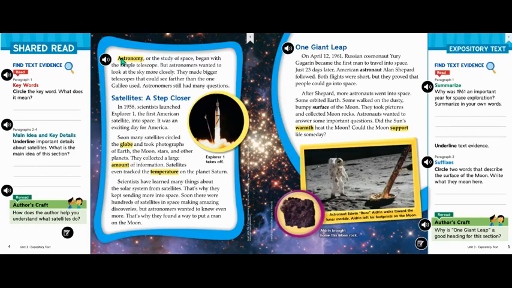So the words highlighted in yellow are our vocabulary words, but I'm also going to say that this is a very important word because if we don't know what astronomy is, we're not going to understand the rest of this paragraph. So let's circle the word astronomy as our key word.